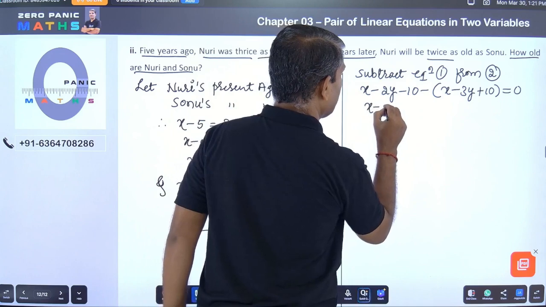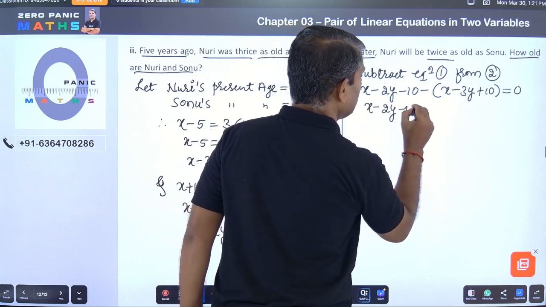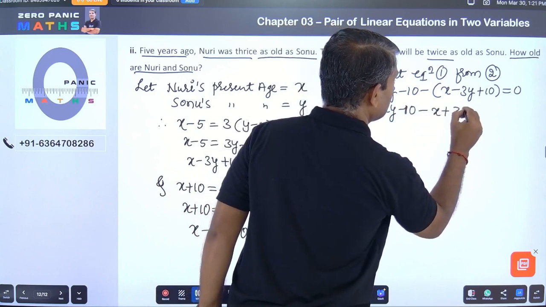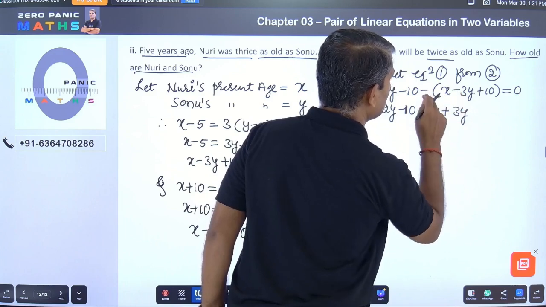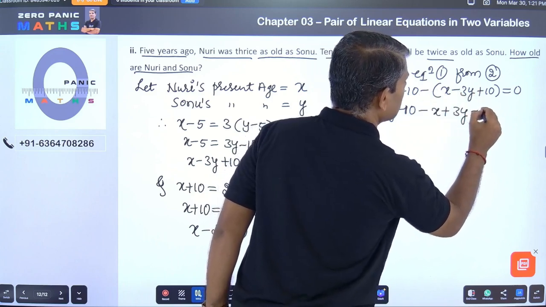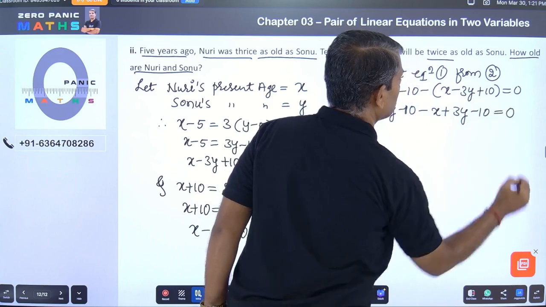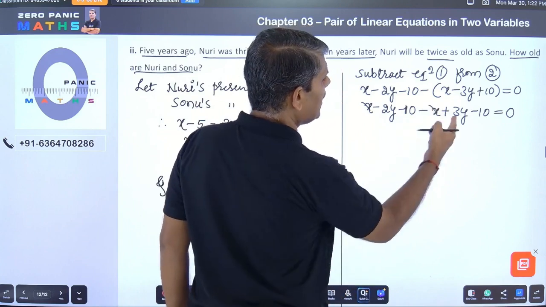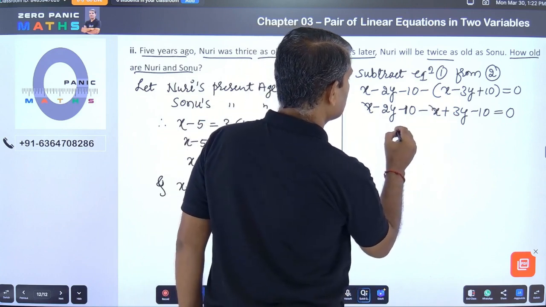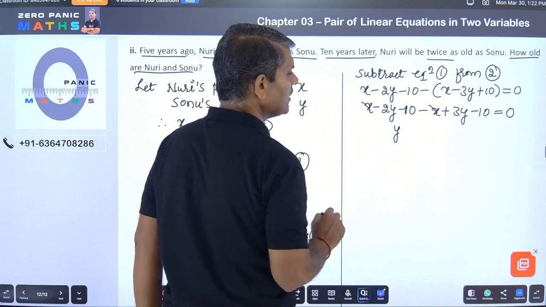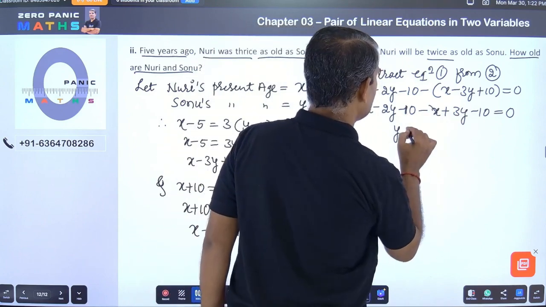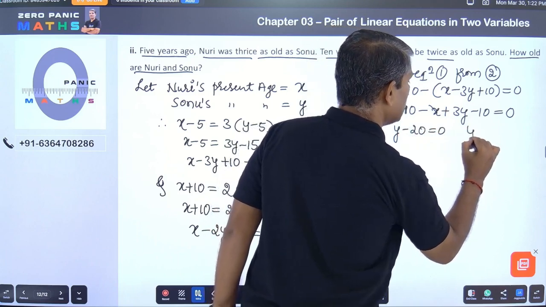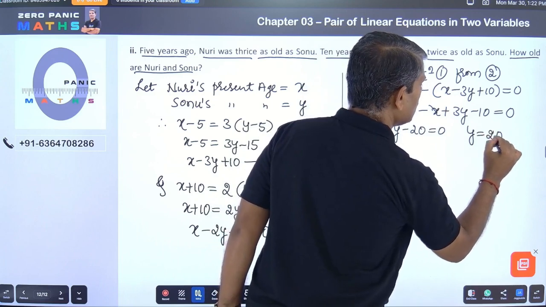So x minus 2y minus 10 minus x plus 3y, minus into minus, minus into plus, that is minus 10, is equal to 0. So x will get cancelled. 3y minus 2y will give me 1y, single y, and minus 10 will give me minus 20, and that leads to y is equal to 20.